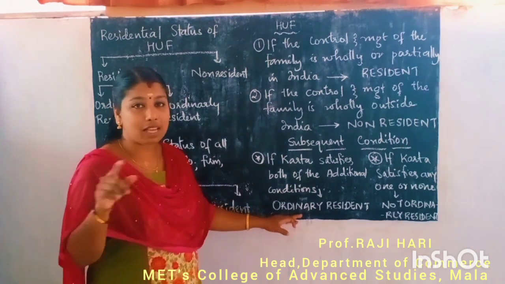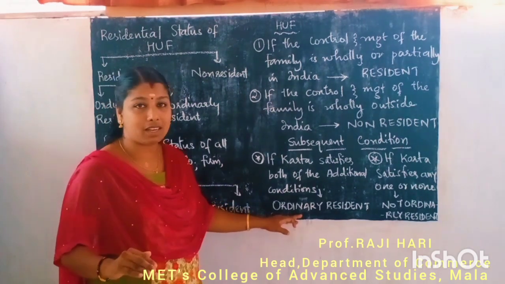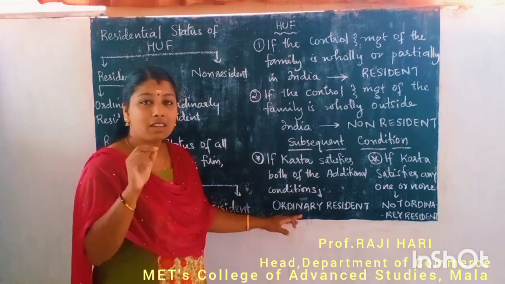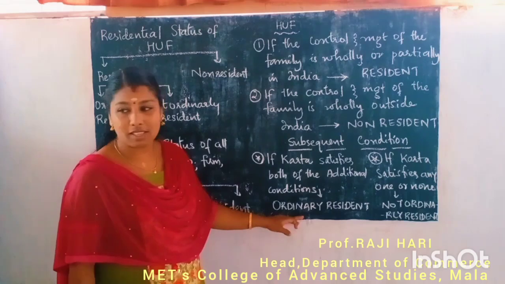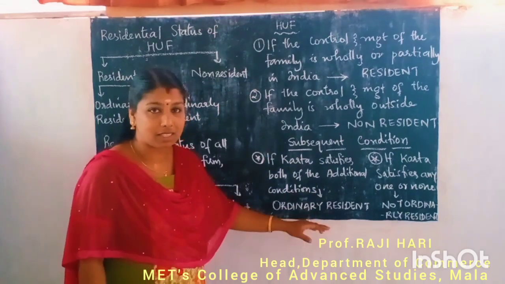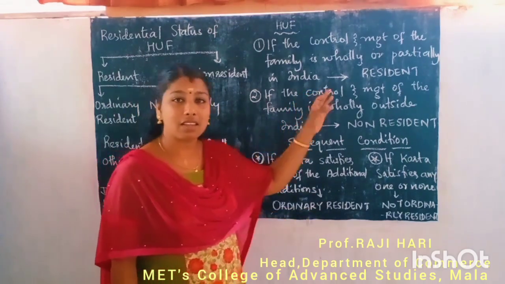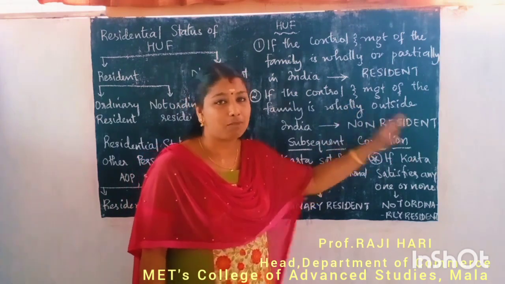730 days out of 7 years he must be physically present in India. And second one, he must be resident in India for at least 2 years out of 10 years. If he satisfies both of the additional conditions, that family is an ordinary resident family.